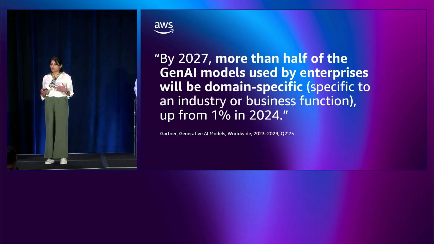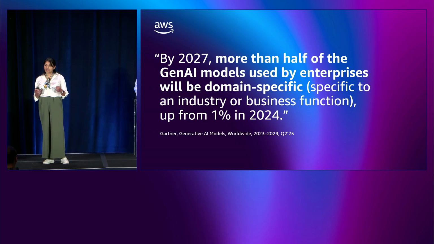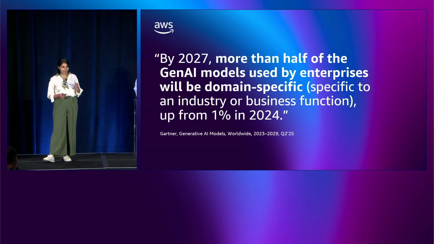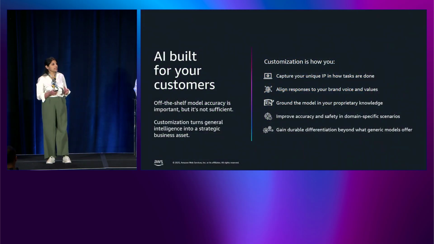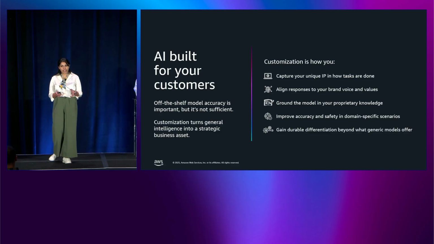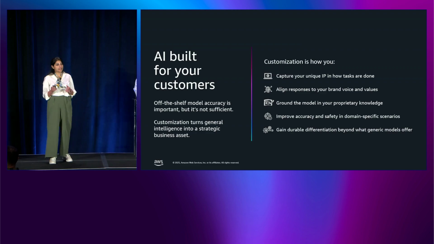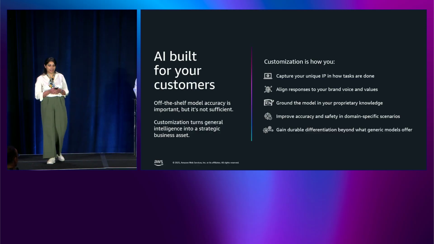As your enterprise integrates more and more AI into your business, there's a growing demand for the models to understand your business context and your data. And accuracy alone isn't competitive. Every organization has access to good models now. What sets you apart is how you use it. And customization becomes your bridge between the generic AI and your specific business reality.